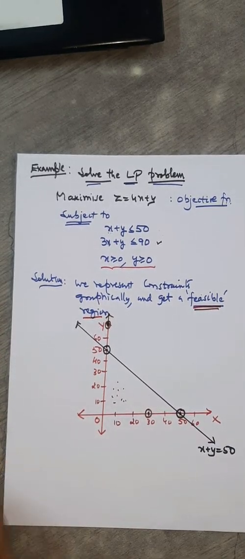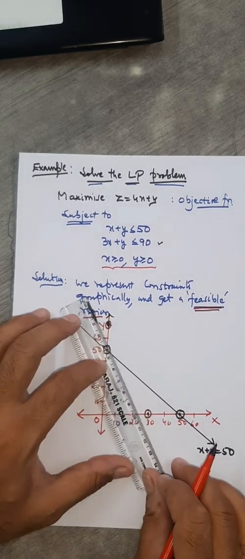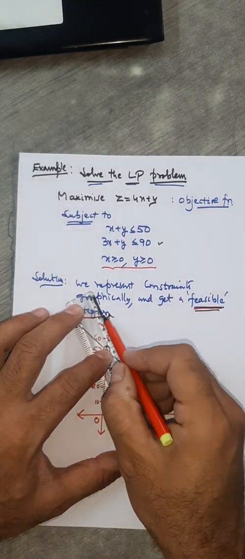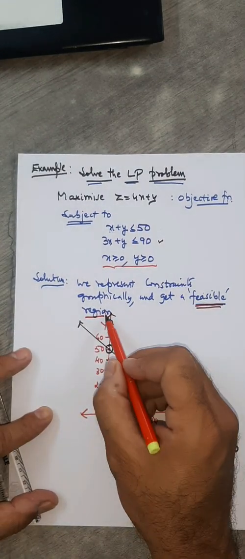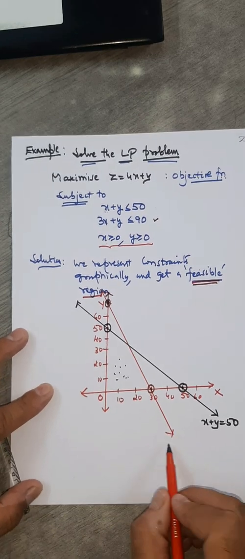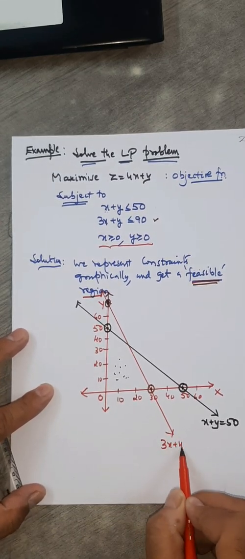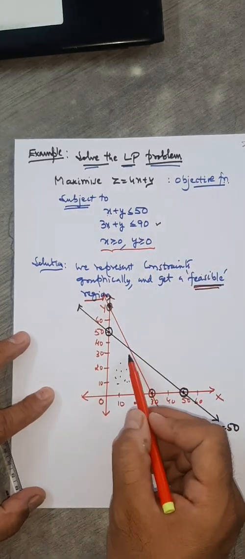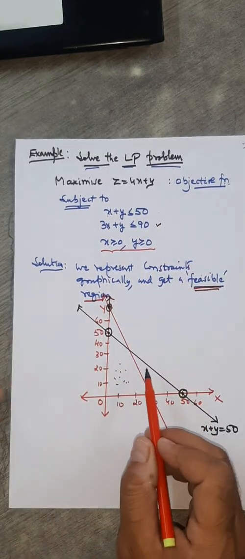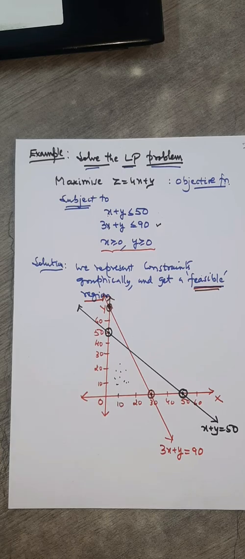Now I'll draw a straight line through these 2 points. So this is a straight line through those 2 points. This is the equation of which line? 3x plus y equals 90, remember. Because of this inequality, you have either this side region or this side region.